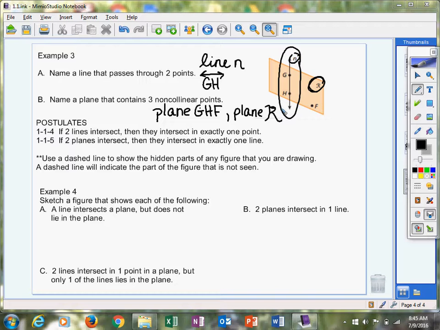Think back when we did lines, last December, January, February. We graphed systems of equations, and those equations were lines, as you may recall. And so if those lines intersected, they intersected at exactly one point.